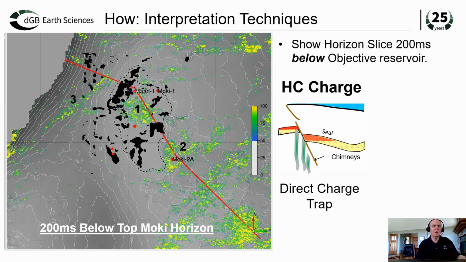We've displayed in black the thickest part of the reservoirs, but we know from the well data that these reservoirs extend over the structure. So again, chimney 1 and maybe chimney 2 as well are providing lateral charge into the structure.